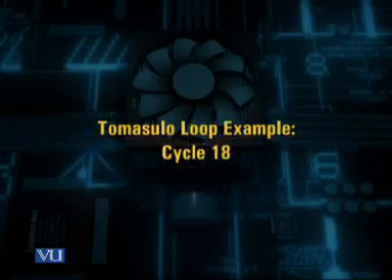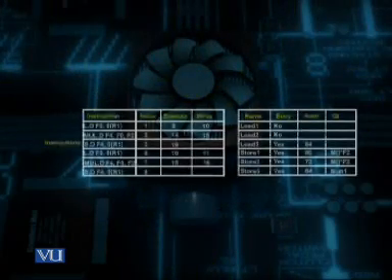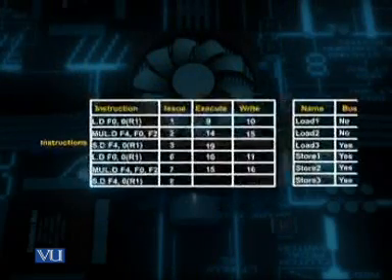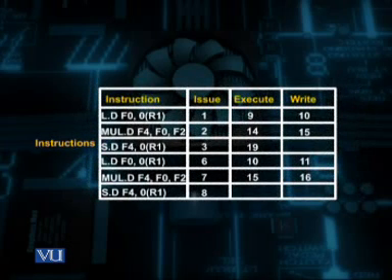Then in clock cycle 18, as you can observe from this slide, multiply 1 execution started in cycle 11 completes in cycle 14. It writes result in F4 in cycle 15. Whereas the store 1 issued in cycle 3 has not yet started the execution.